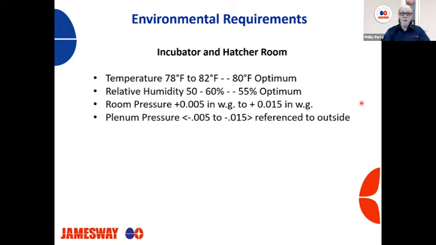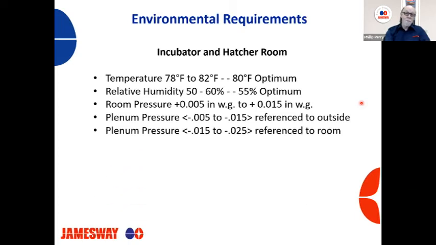It's just about there's no resistance at all across that cabinet. And then if we're referencing to the room, we would want to run a negative 0.15 to a negative 0.25 in reference to the room, which is what most hatcheries do. They just measure it that way, and then they're not concerned with the outside air pressure, wind blowing, things like that for the plenum.